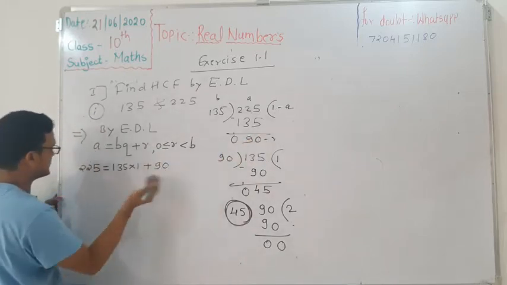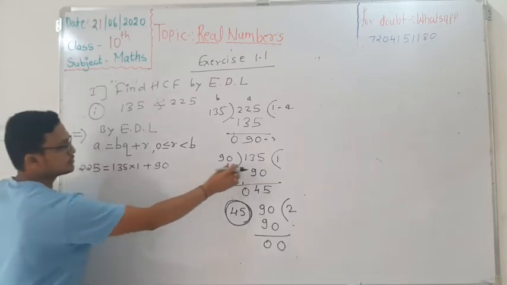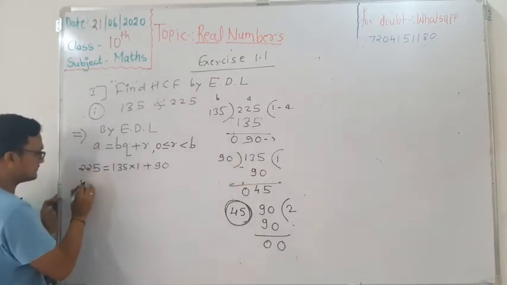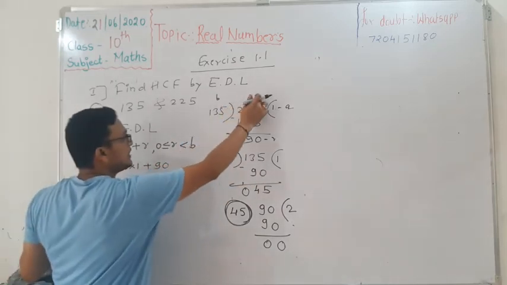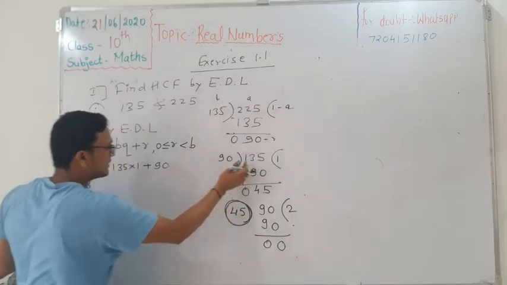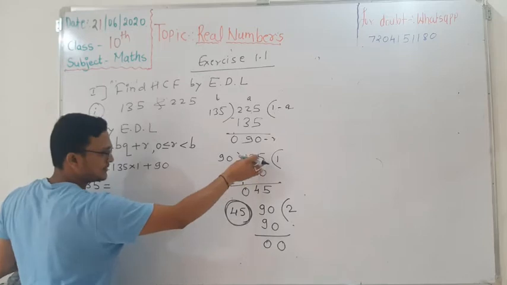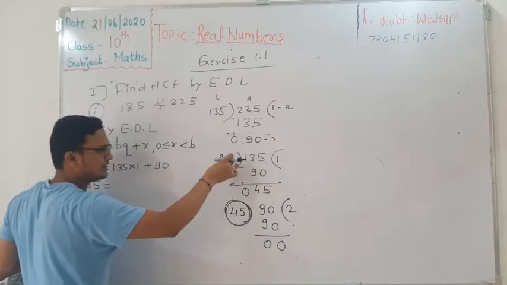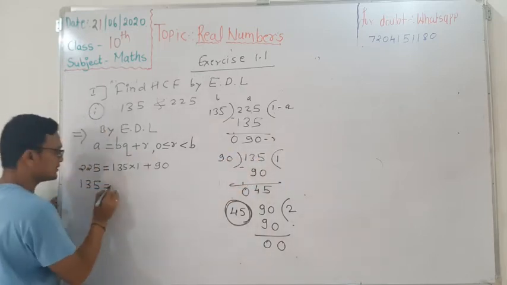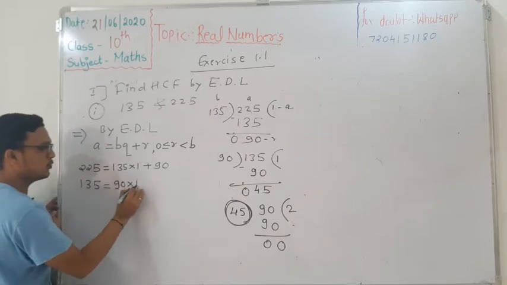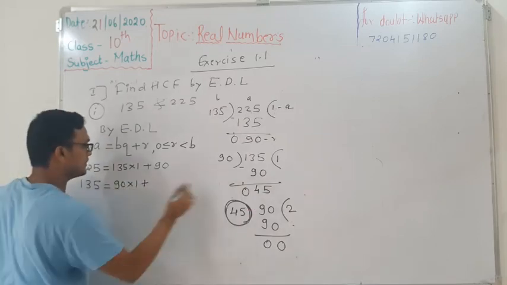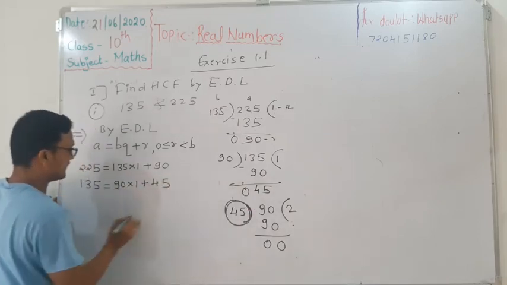Next again, 135 equals 90 into 1 plus remainder 45.